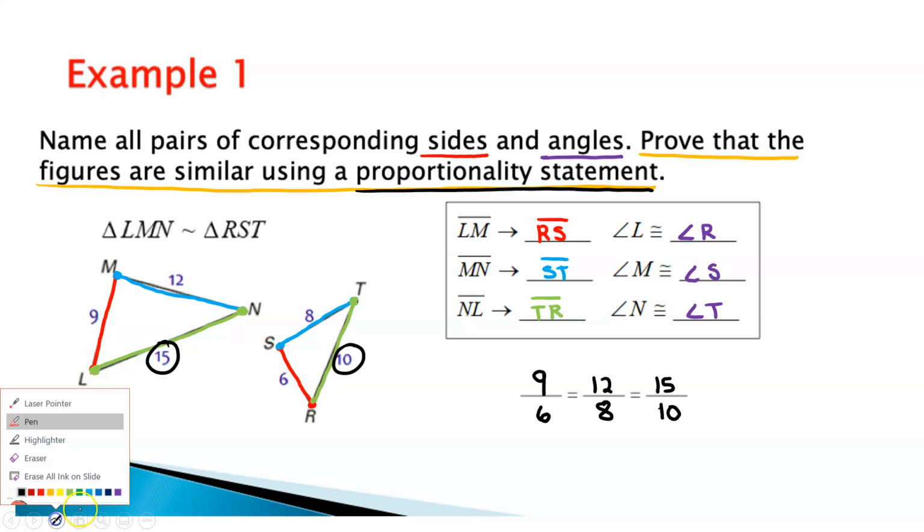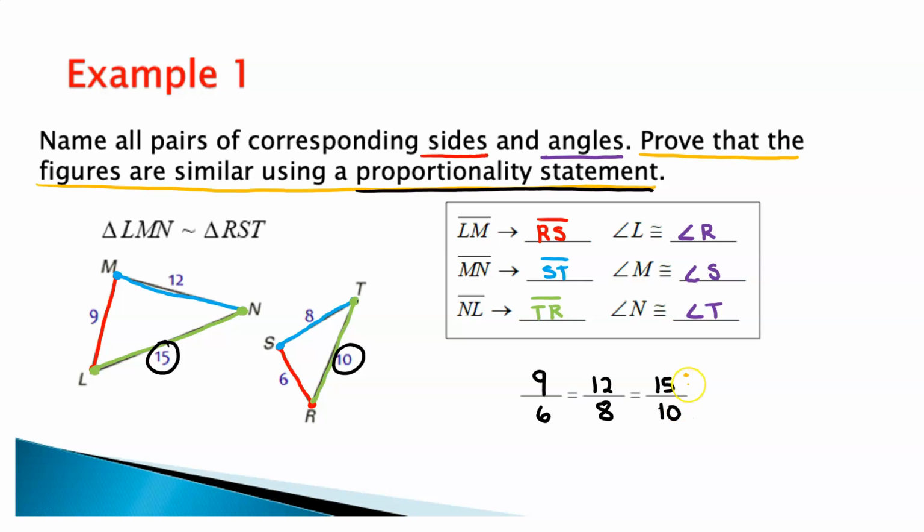They're going to simplify by different numbers. I'll start over here on the right side. 15 and 10, I can divide both top and bottom by 5. 15 divided by 5 is 3, 10 divided by 5 is 2. So that's 3 over 2. If the other ones also give me 3 over 2, then that proportionality statement is a true statement.